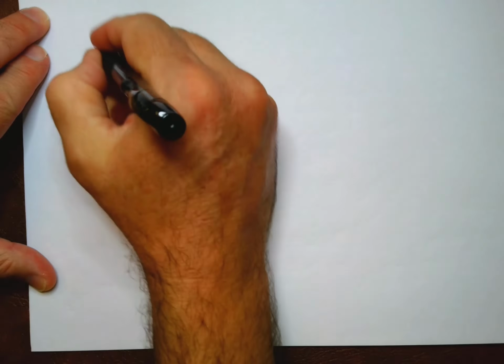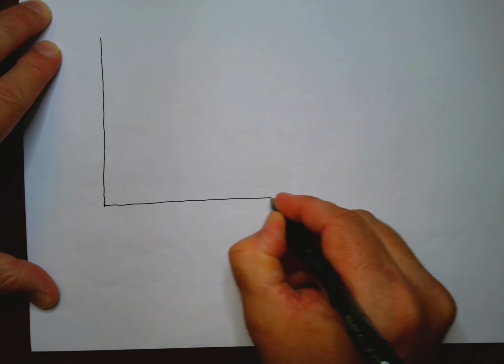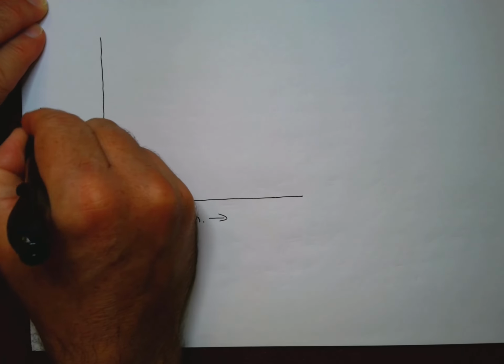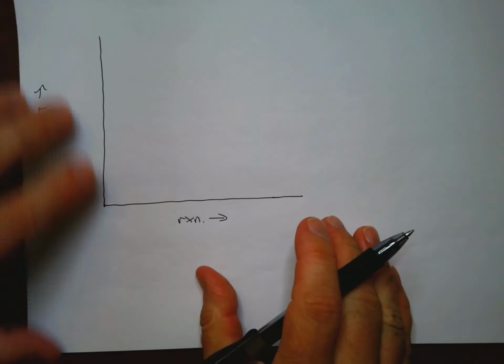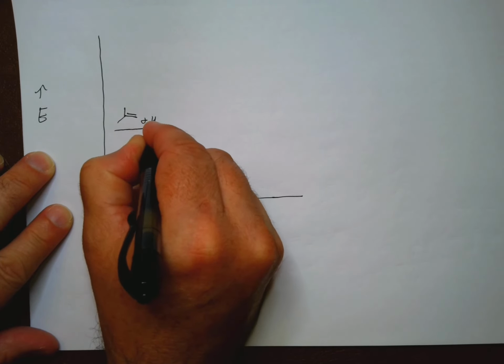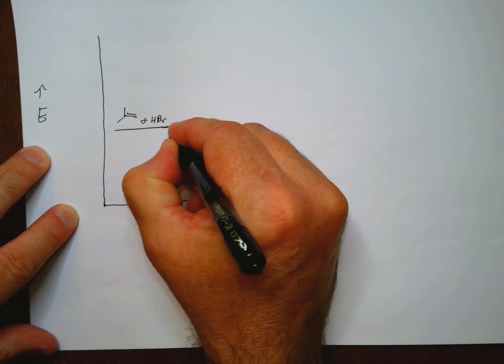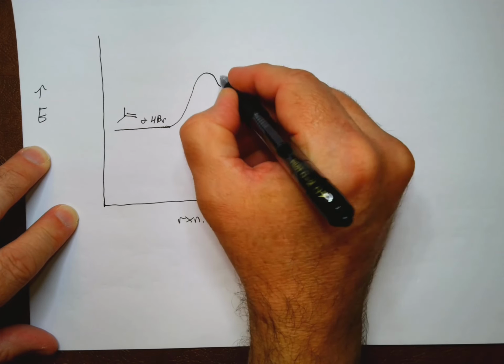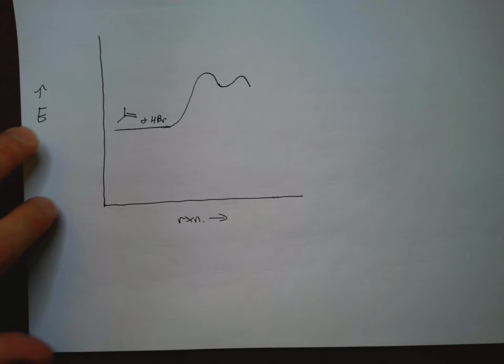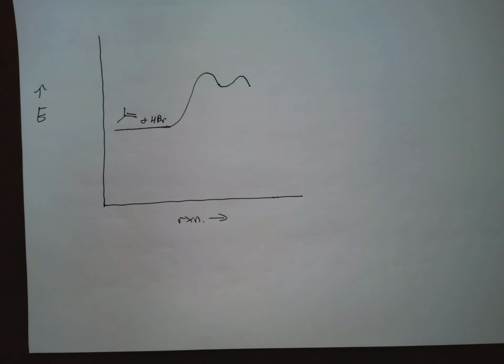If we look at an energy diagram for a reaction, we'll have energy, and then we'll start with this guy plus HBr, and then we'll do our addition.